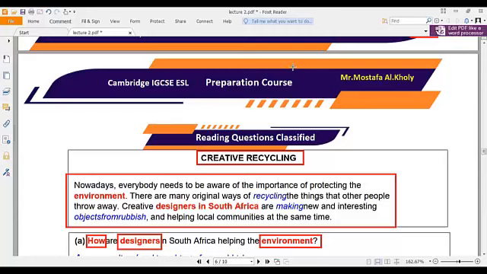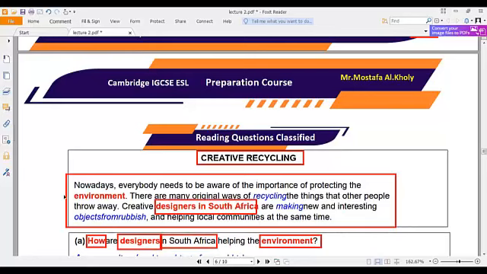Yes, Mr. Oh, okay. So again, quickly to repeat what we missed. I said that in the question you have keywords. Mark them in whatever way is comfortable for you so you can understand what the question is asking about. These keywords are in the paragraph. So here there is designer in South Africa, and here designer in South Africa, okay?